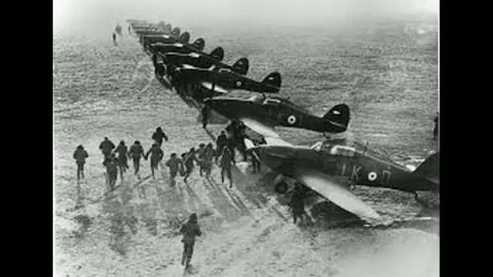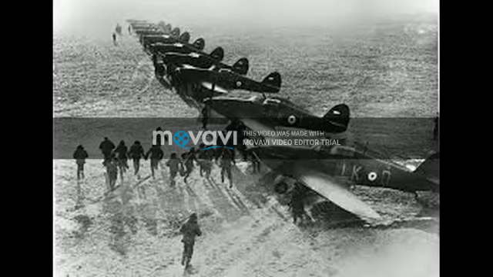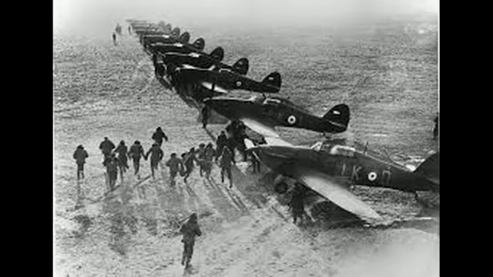Luftwaffe continuously dropped bombs on London in 1940. This is called the Battle of Britain. So Britain suffered heavy losses, but it managed to come up under Prime Minister Winston Churchill, and then Britain turned its air strike against Germany.